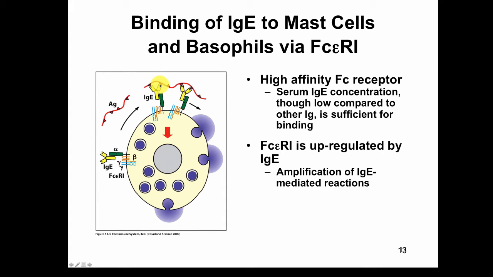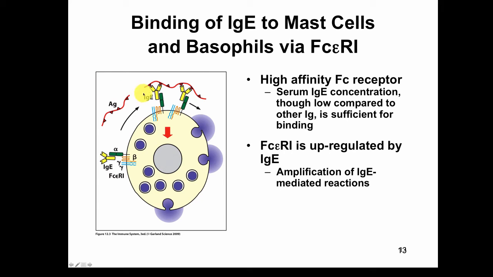And when those epitopes engage with the IgE molecule, they can cross-link the IgE molecules, resulting in cross-linking of the Fc-epsilon receptors. That signals the mast cell. And the immediate result of that signaling response is degranulation of lots of lysosomal granules that the mast cell has stored, and it releases their contents, which cause the immediate hypersensitivity response.